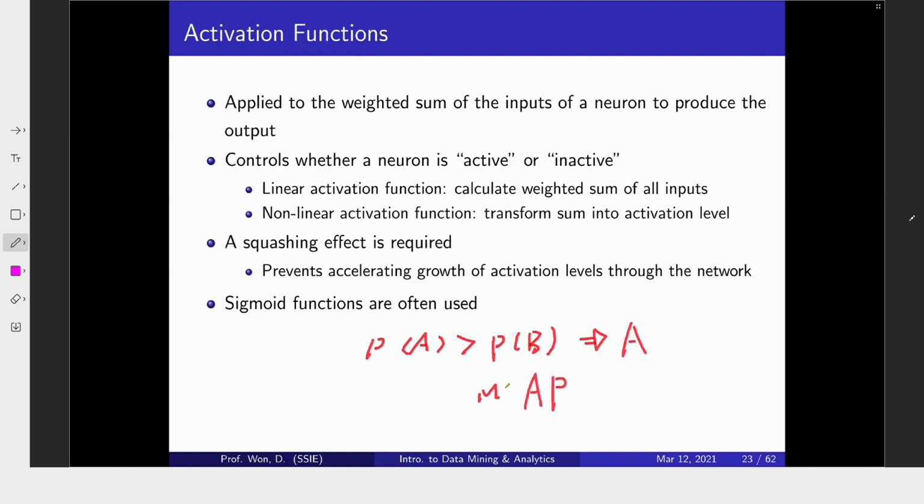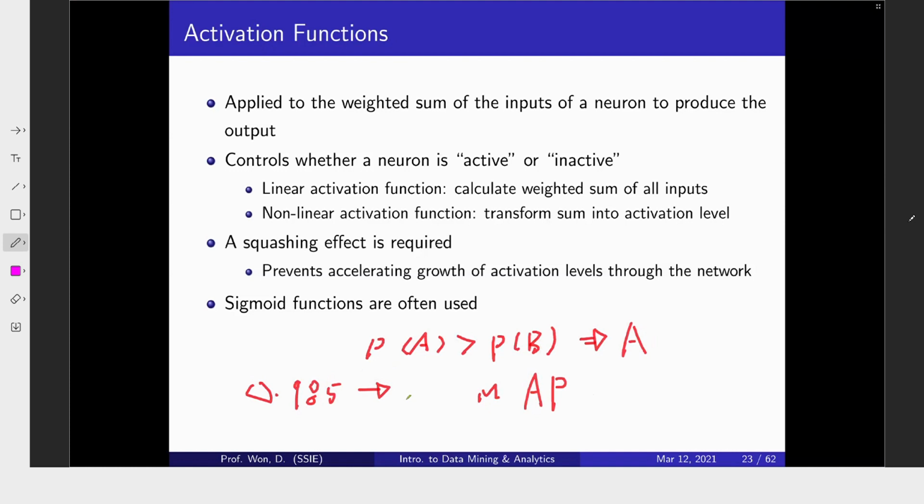Right? But this is a kind of activation, from the probability to some kind of discrete decision. Same thing. Now our weighted sum is, for example, 0.985, something like that. Then how can you link it to playing outside?